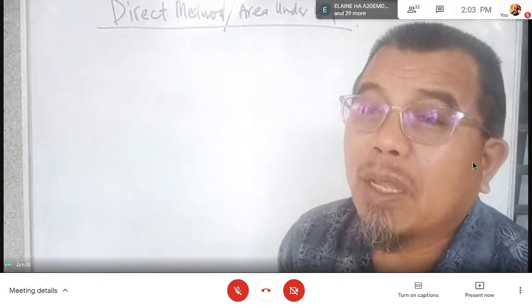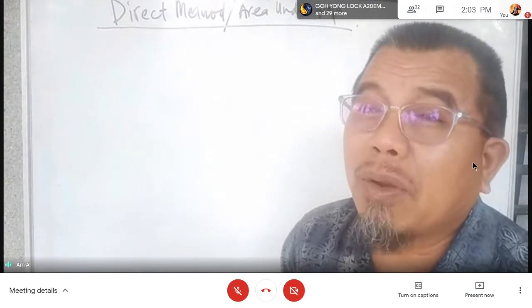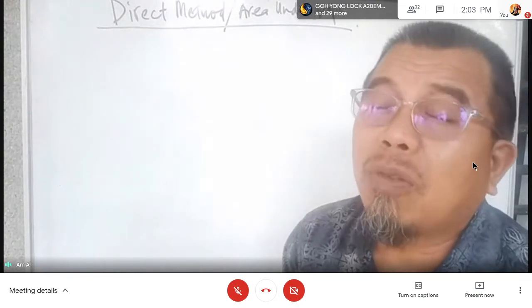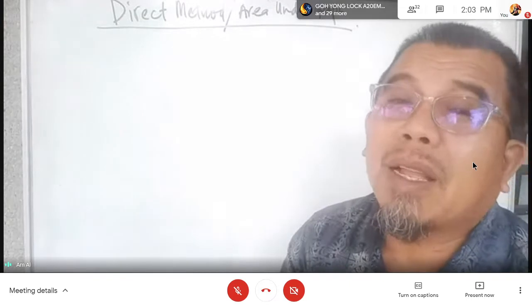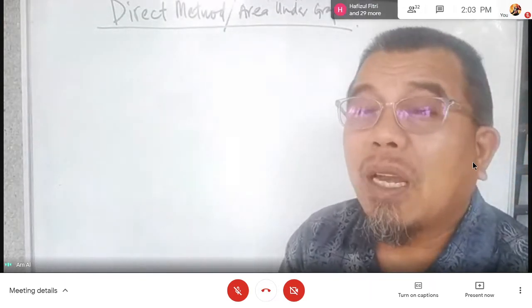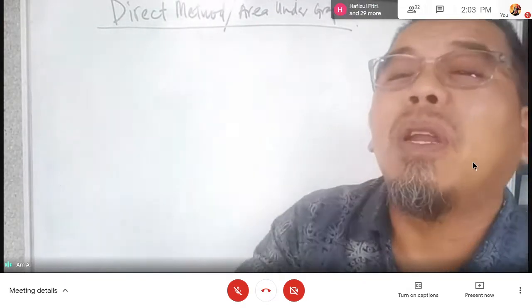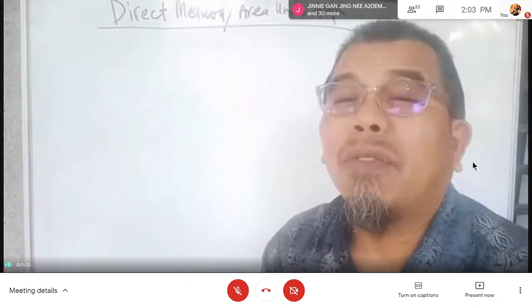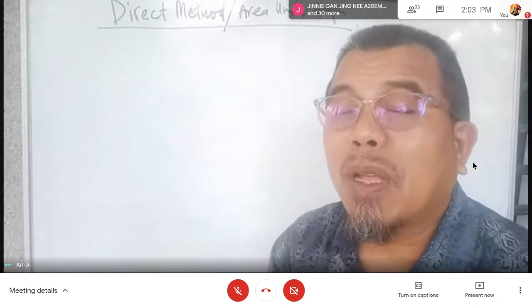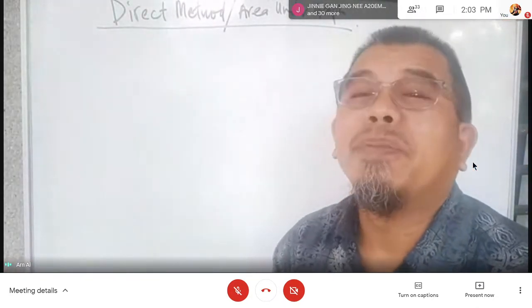Then we can derive the equation of moment and V from that cut section, and from that equation we can plot the graph along the beam.